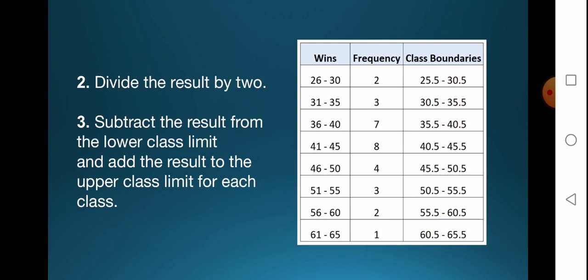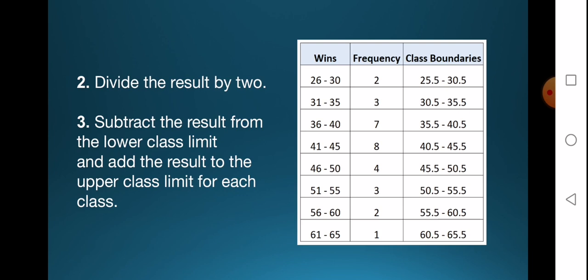So we get 1/2, that is equal to 0.5. Lastly, we subtract 0.5 from the lower class limit and add 0.5 to the upper class limit for each class.